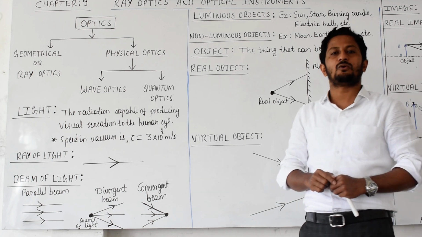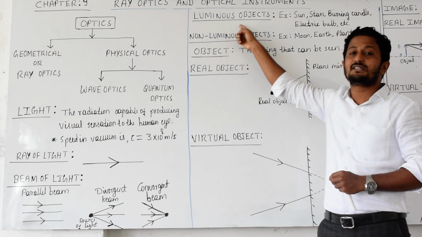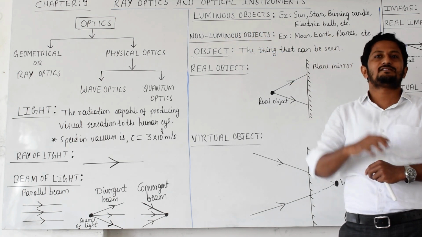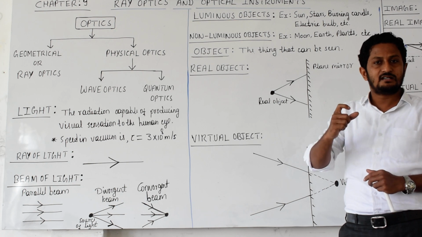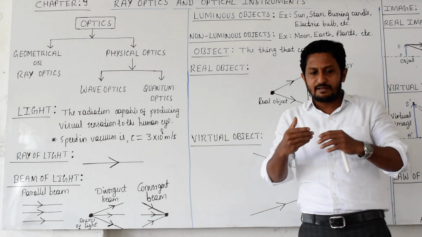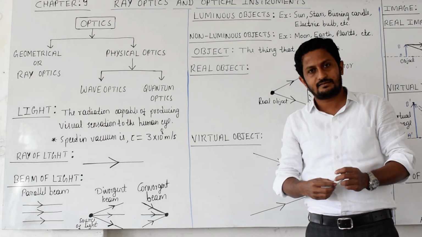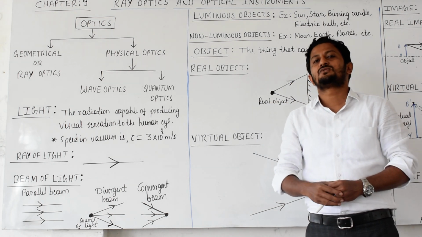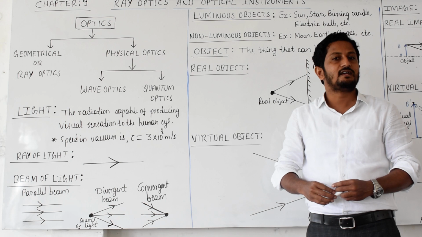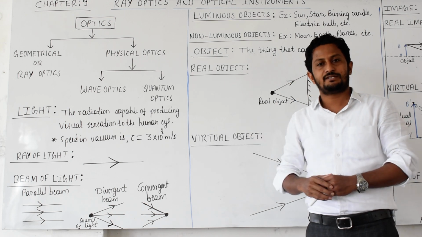For example, the sun. The sun is going to emit its own energy. So we call the sun a luminous object.